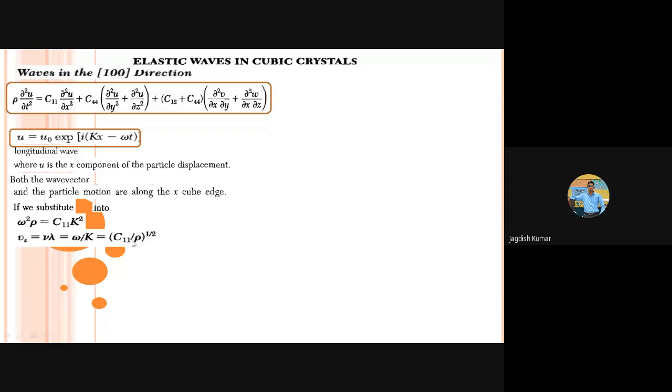It means velocity of propagation is proportional to C11. So this is how these stiffness constants are related to the physical properties. Once you know the stiffness constant, you can calculate velocity of propagation along x direction. It is inversely proportional to density, of course. That's the interesting physical information we can obtain.